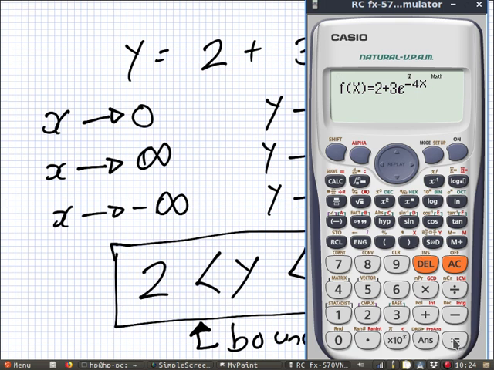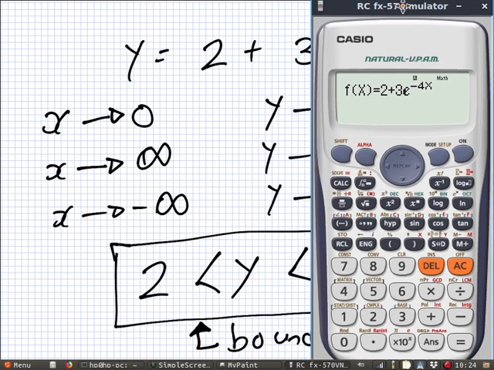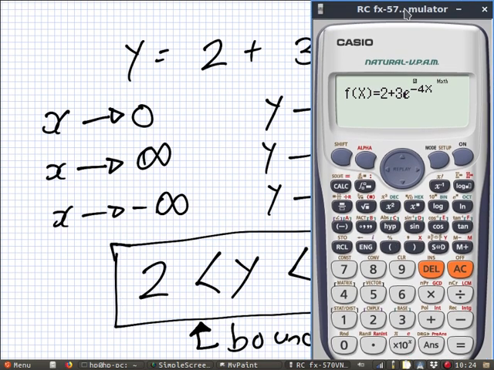Then I press equals. Oh, I don't know how on that one. I only know on this one. You'll have to watch a YouTube video later. Mode 9? Okay.